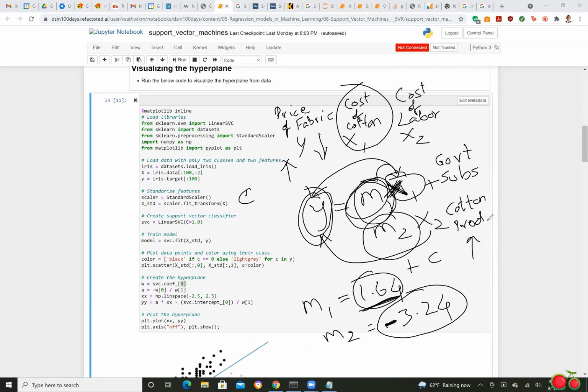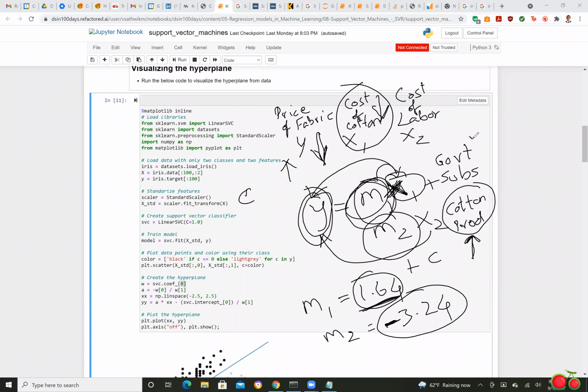When I have a lot of cotton on the market, what will happen to the cost of cotton? It would go down. So when I have too much cotton production, the cost of cotton will go down. And when the cost of cotton goes down, the price of fabric also goes down. That is where the coefficient might actually be a negative number like this.